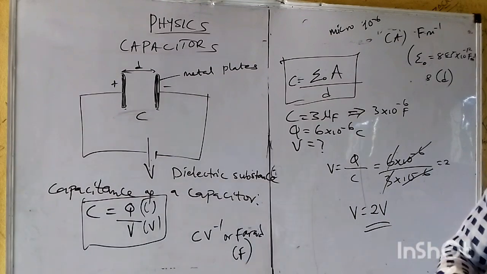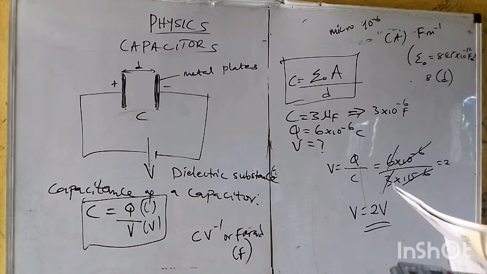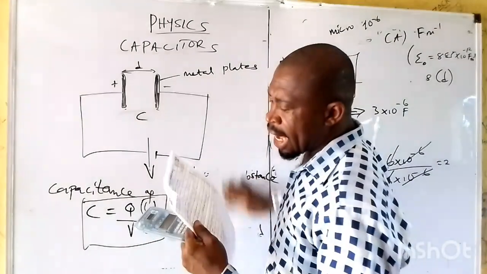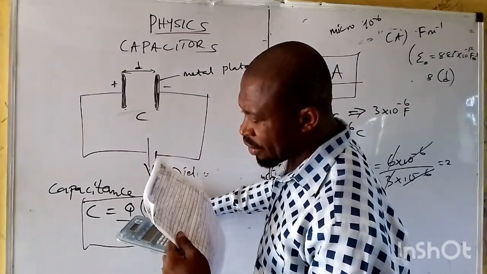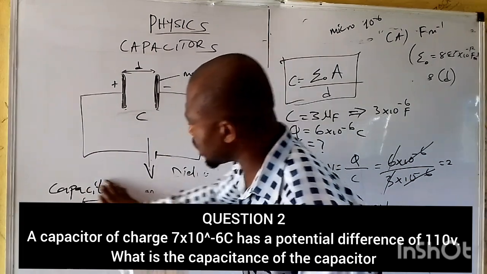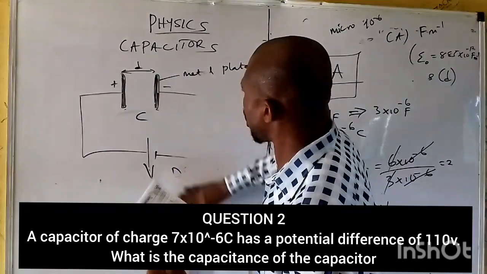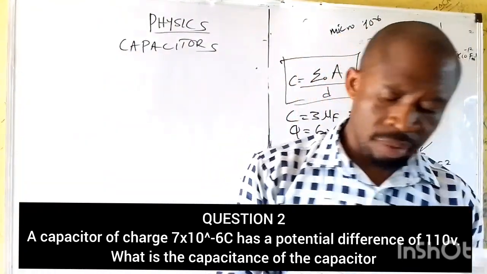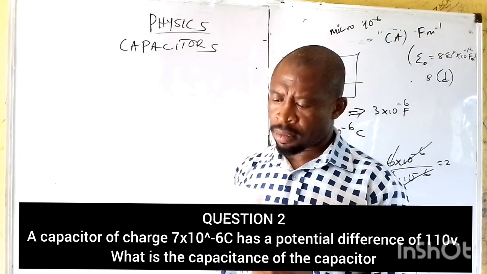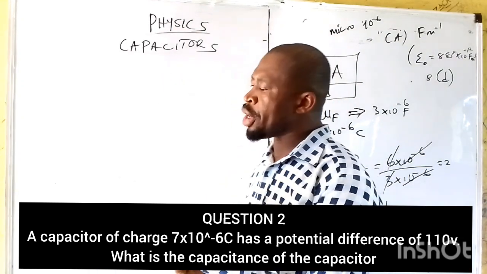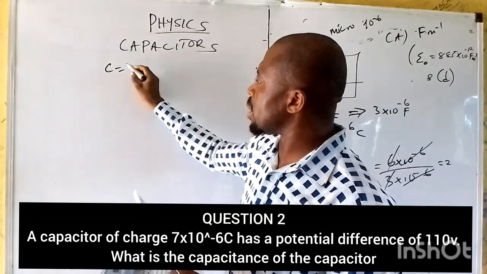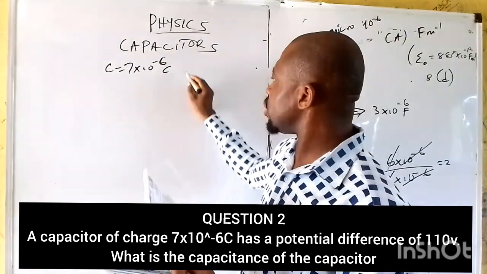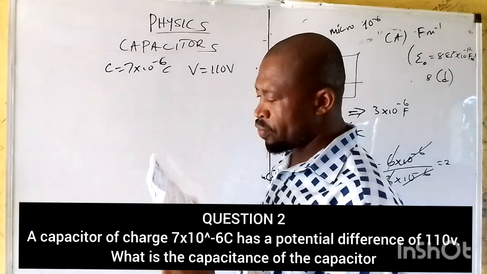Now we'll take another question, and this one says a capacitor of charge 7 times 10 raised to the power minus 6 coulomb has a potential difference of 110 volts.